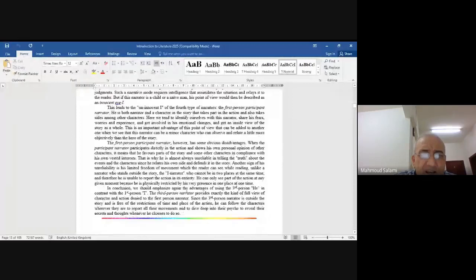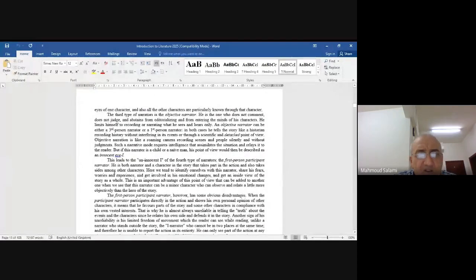Here I say this leads to what we call the innocent eye, and to the fourth type of narration, that is the first person participant narrator. We have so many examples in fiction of a first person narrator and participant.